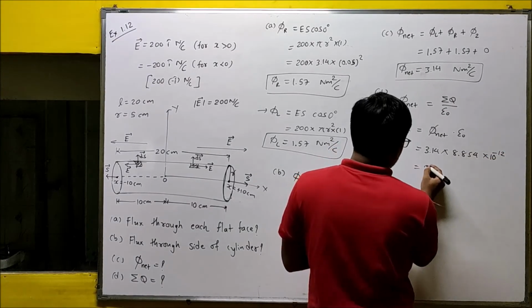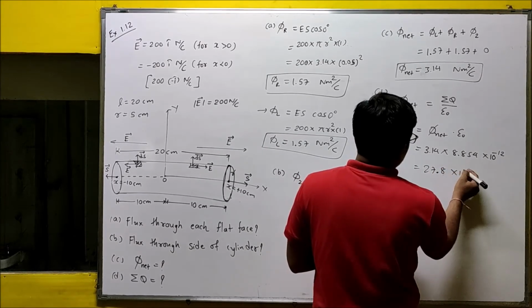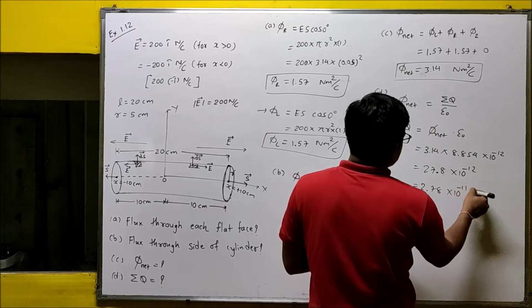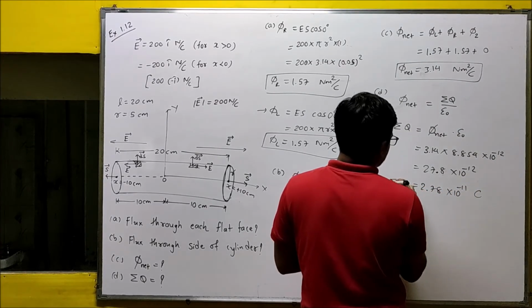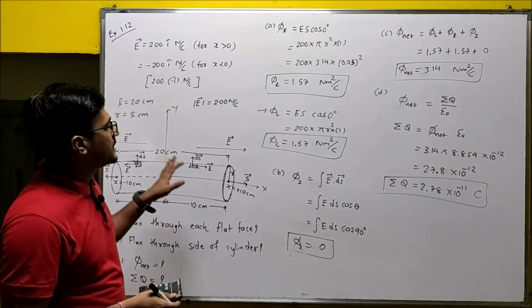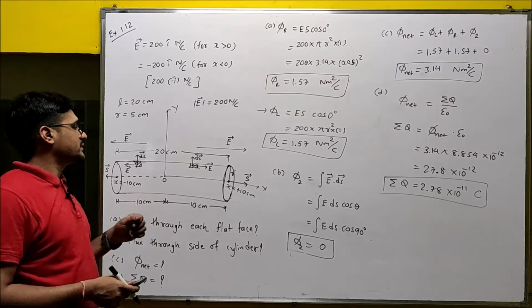So that is equal to 27.8 into 10 power minus 12, that is 2.78 into 10 power minus 11 coulomb. This is the charge inside the whole cylinder. This is a very important numerical for the examination.